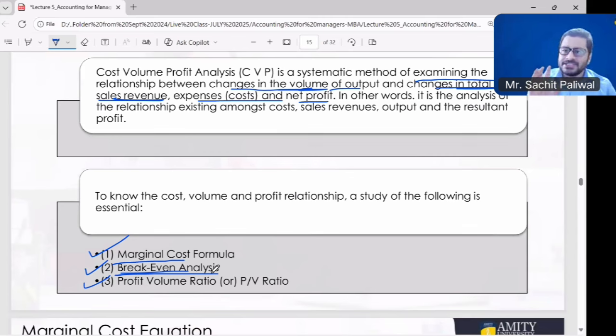So break even is the situation where the company has neither profit nor loss. That means the mobile phone which you are manufacturing at 100 rupees, you are selling at 100 rupees. If one mobile phone costs you 100 rupees to manufacture, and its selling price is also 100, then in that business there is no profit and no loss. This is called break even.